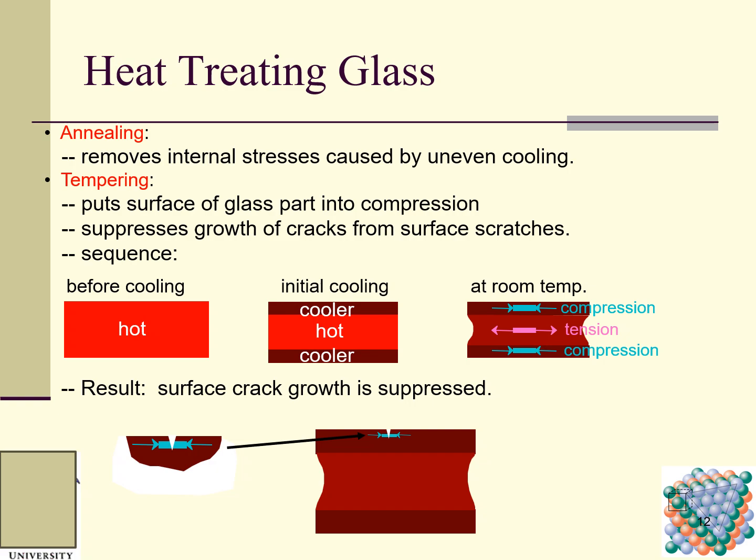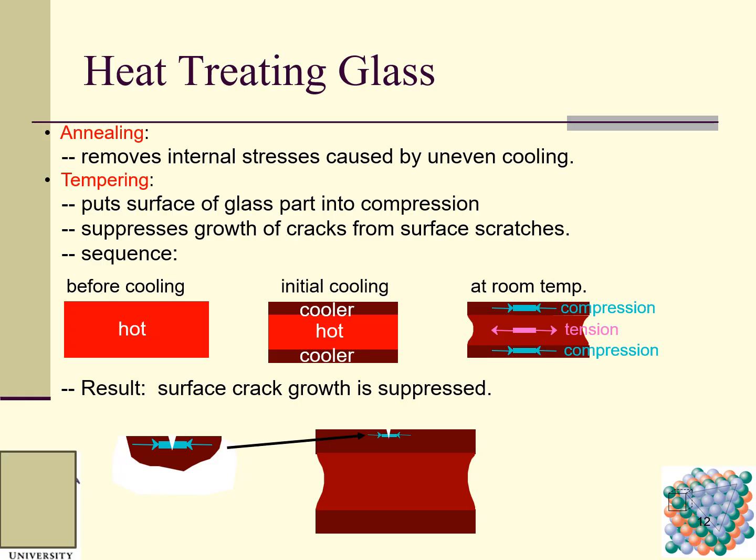Then we talk about heat treating glass, and we have talked about heat treating for metals and metal alloys. Now we talk about heat treating glass, the same principle. Annealing removes internal stress caused by uneven cooling, and tempering puts the surface of the glass part into compression, suppressing the growth of cracks from surface scratches.